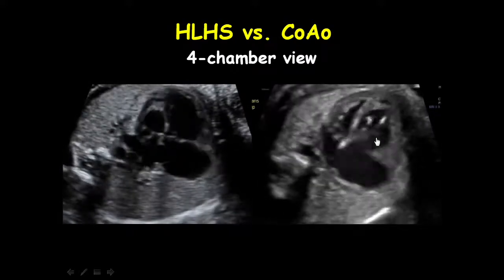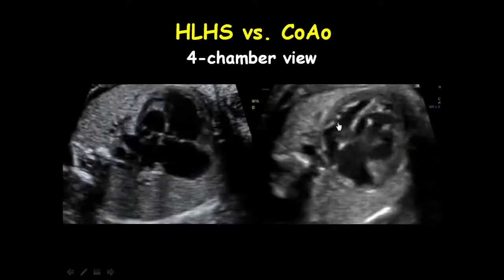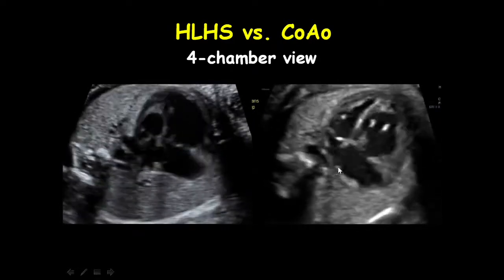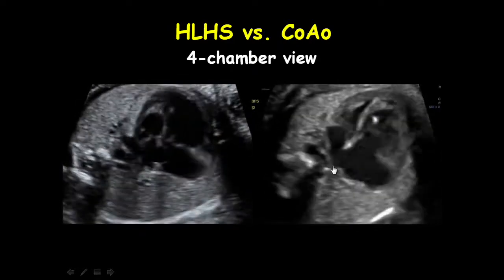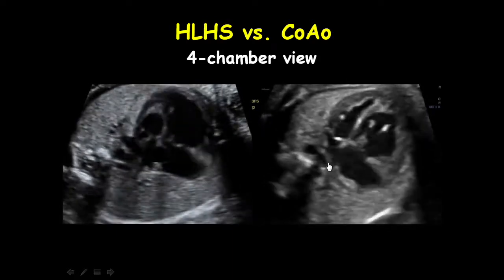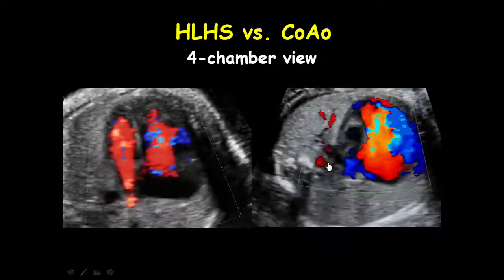In coarctation, as I said, we usually have a fusiform, very narrow shape of the ventricle. The mitral valve is patent, and the foramen ovale flap appears still in the left atrium, with right-to-left blood flow across the foramen.